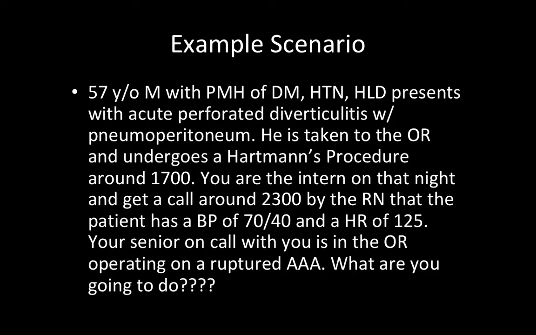You are now the intern on that night and get a call around 2300 hours by the RN. The patient has a blood pressure of 70/40 and a heart rate of 125. Your senior on call with you is in the operating room working on a ruptured AAA. What are you going to do?